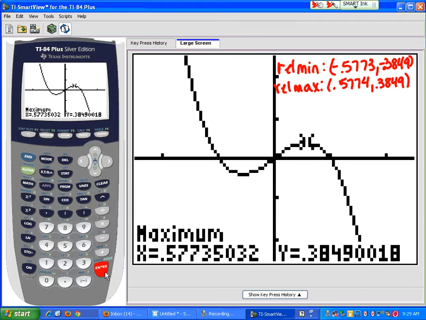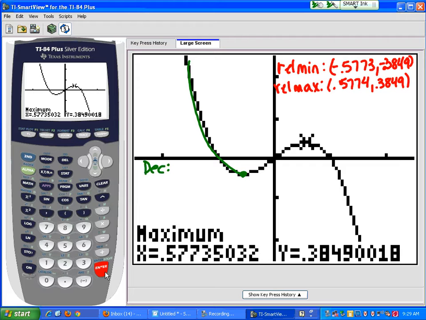Now that I have that, I can easily figure out the intervals where my graph is increasing, decreasing, or constant. Do I have any constant on this graph? No. For this graph, as it moves from left to right, when I get to this relative minimum point right here, what is my graph doing? It's decreasing, because as x is increasing, my y values are decreasing. So from here to here we are decreasing.